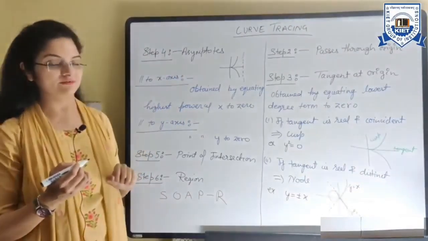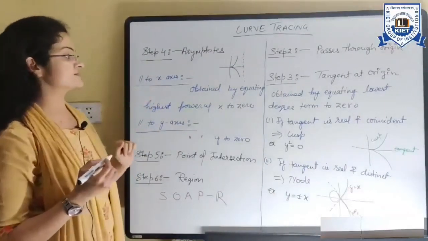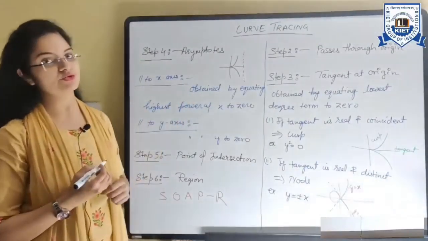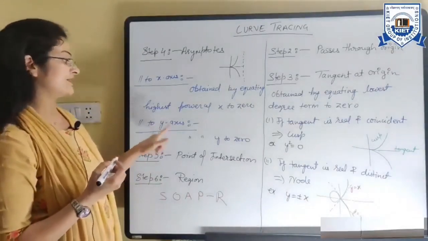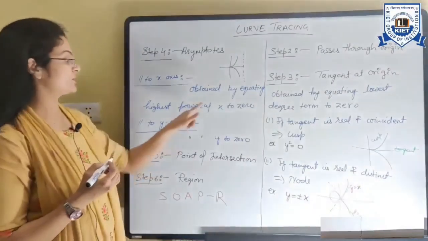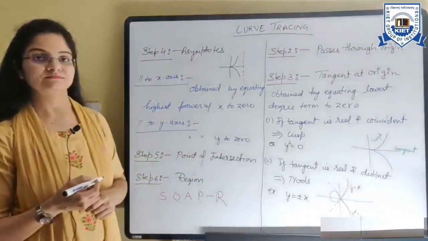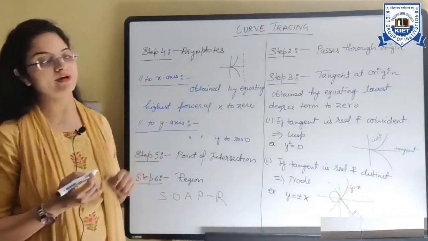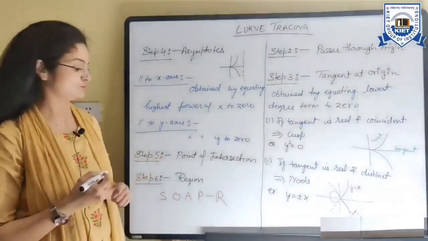The asymptote parallel to the x-axis can be obtained by equating the coefficient of the highest power of x to 0. And the asymptote parallel to the y-axis can be obtained by equating the coefficient of the highest power of y to 0. Now step 5. We have to find the points of intersection with the x and y-axis by putting x equal to 0 and y equal to 0.